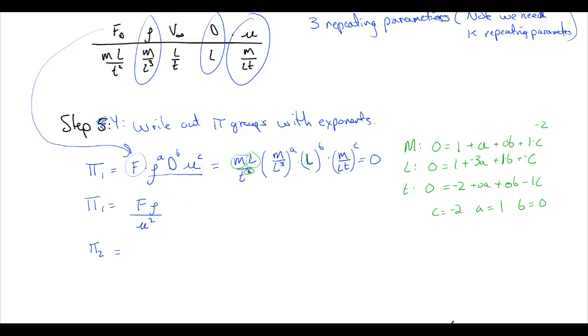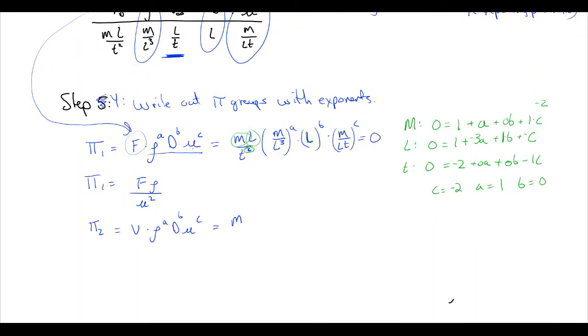equal to, not mass, length per time times mass per length cubed to the A, length to the B times mass over length time to the C, and all that has to equal 0.